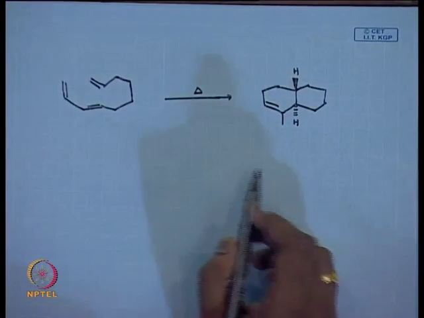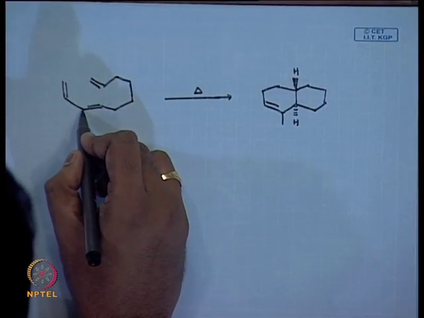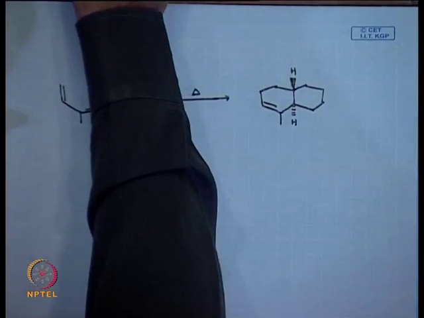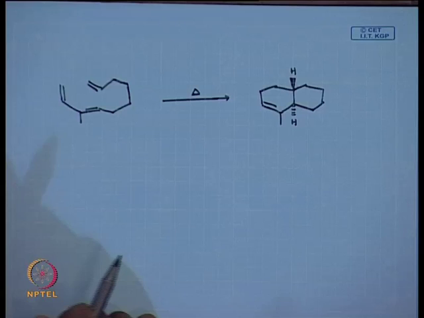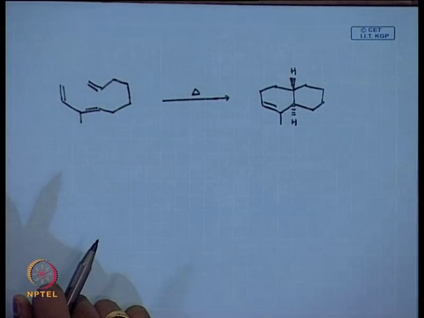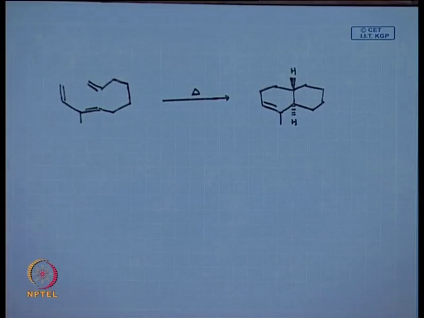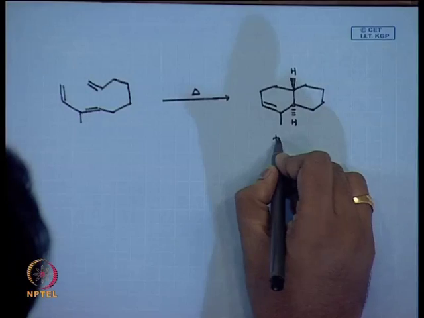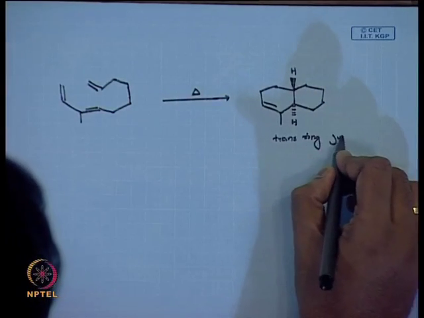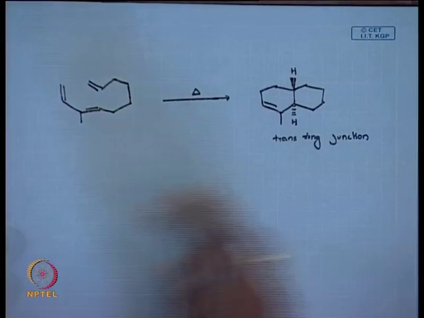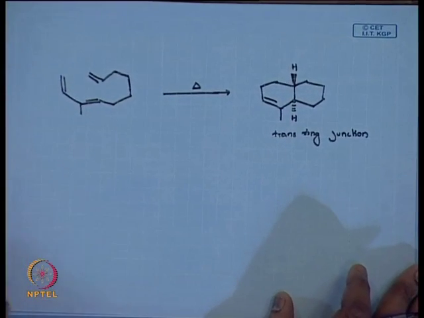The previous example also, so you end up with a trans ring junction. We call this. See how to understand this. How to understand that it is giving a trans ring junction.